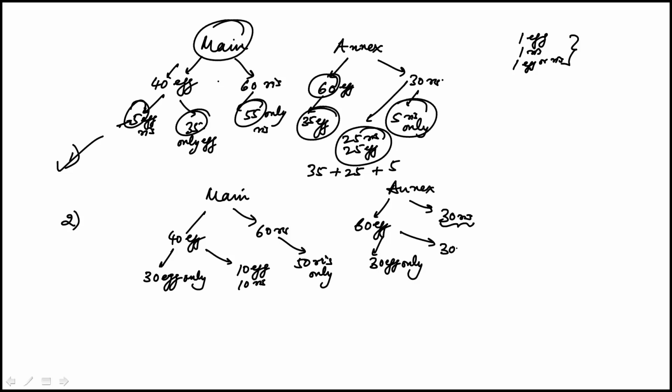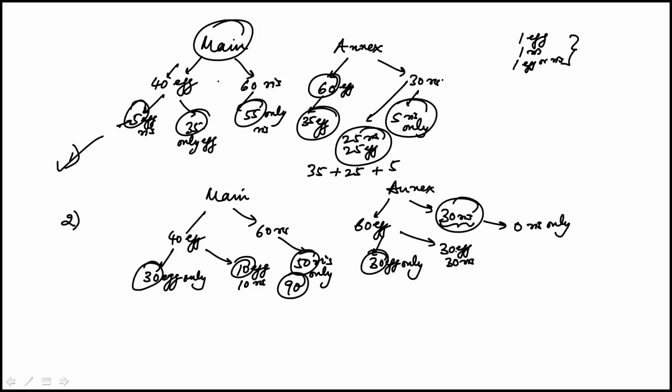And then 30 eggplant will need to be paired with all 30 risottos. And then we'll have 0 with risotto only. So in this case, my total number of guests here would be 30 plus 10, 40, plus 50, 90. And then here we have 30 and 30, 60. So now I have 150.